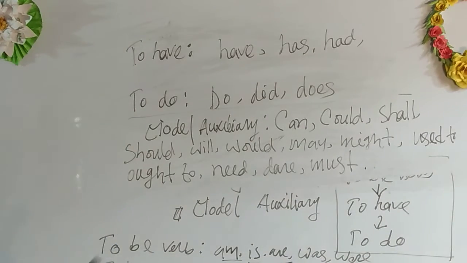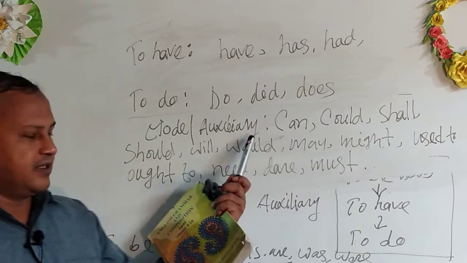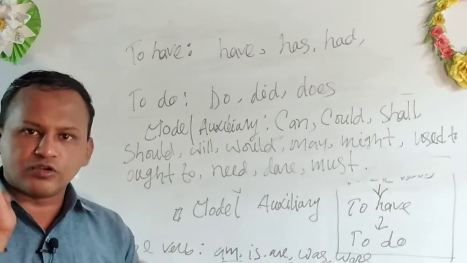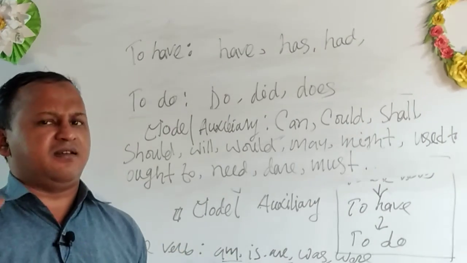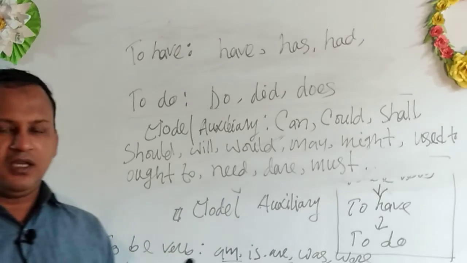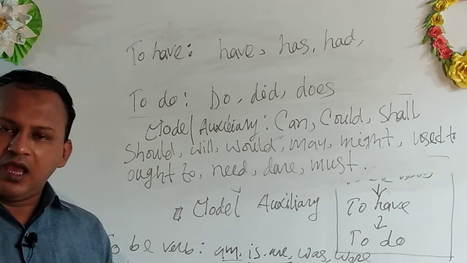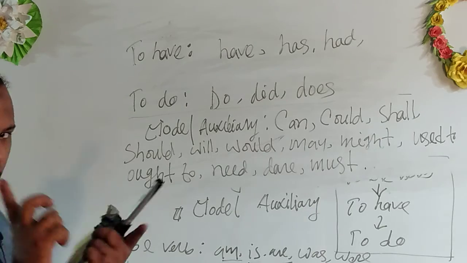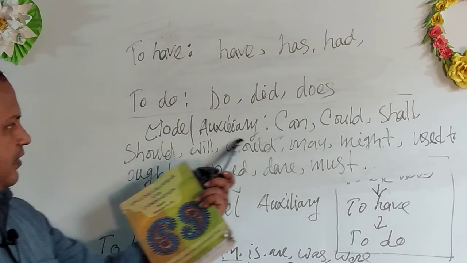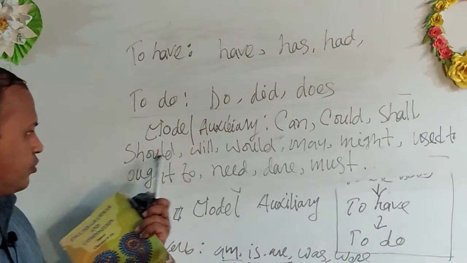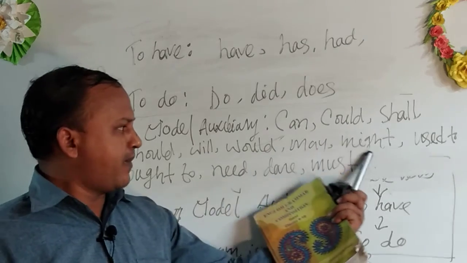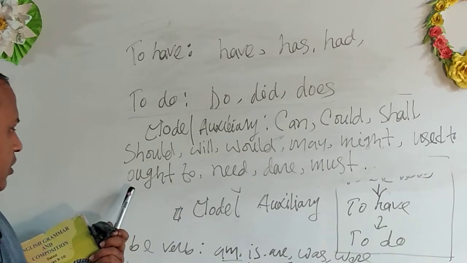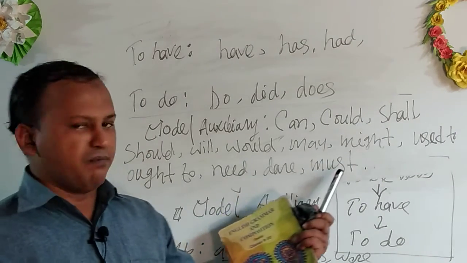Dear student, notice that. Have a look, please. Modal auxiliary verbs take a position in the sentence and help the other words. They are: can, could, shall, should, will, would, may, might, used to, ought to, needed, dare, must.